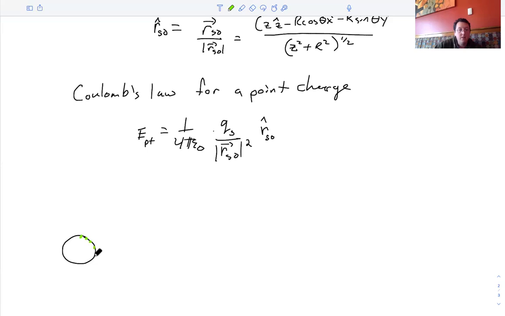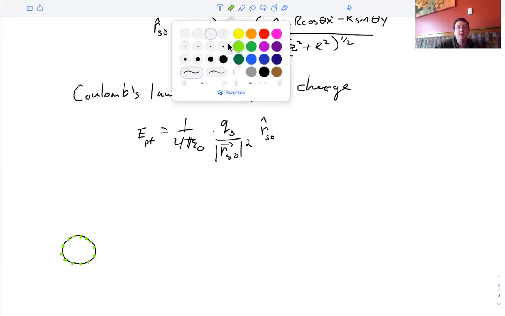Now, the total charge, and I should have said this from the beginning, and I apologize, like on Tuesday, I'm going to assume that the charge is spread uniformly over that. So we think of this continuous distribution as if it is a collection of point charges.